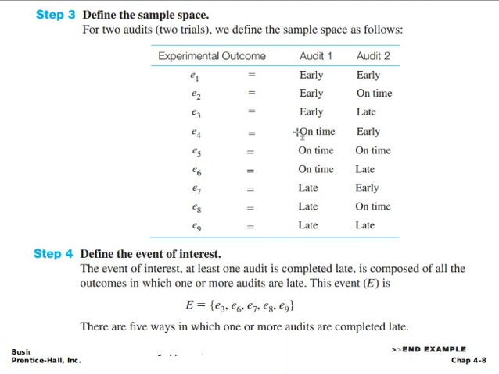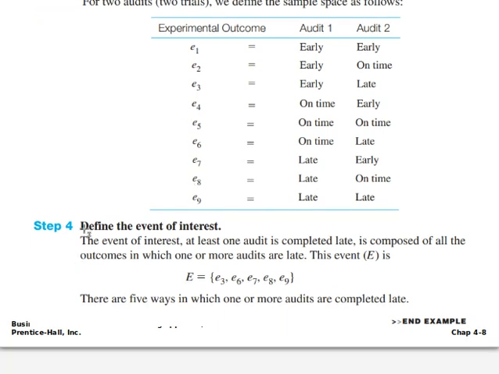And then for on time, audit 1 is on time, and it can be combined with audit 2 early, on time, and late. Then late for audit 1 can be combined with early, on time, and late. So that's why there are 9 possible combinations.